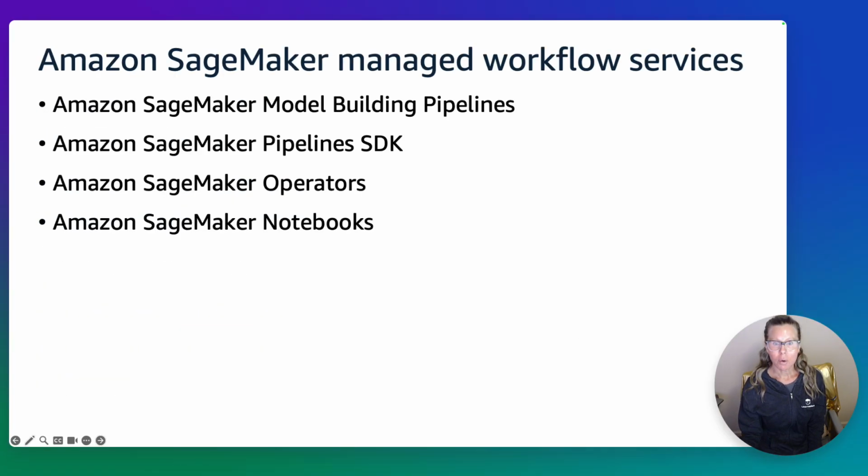As you scale your machine learning operations, you can use Amazon SageMaker managed workflow services to implement CI/CD practices for your machine learning lifecycle. With the Amazon SageMaker Model Building Pipelines and the SageMaker Pipelines SDK, you can choose and integrate pipeline steps into a solution that automates the model building process from data preparation to your model deployment.